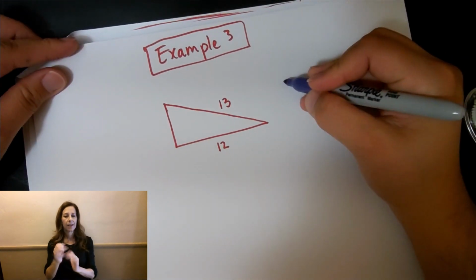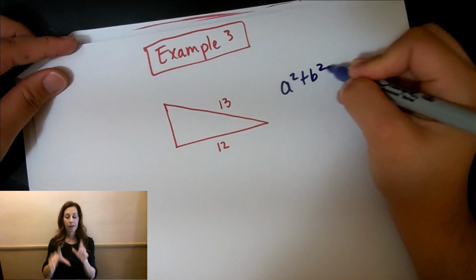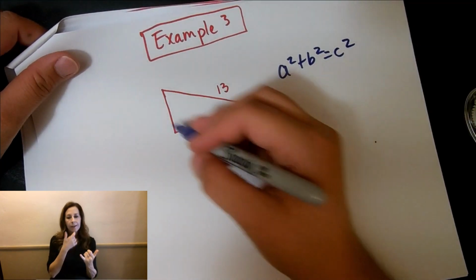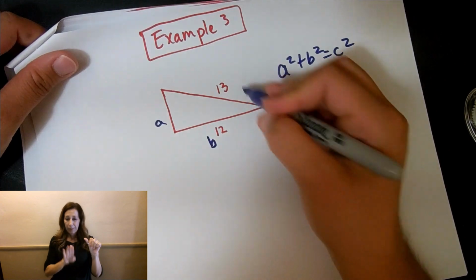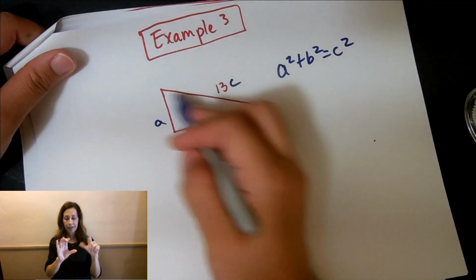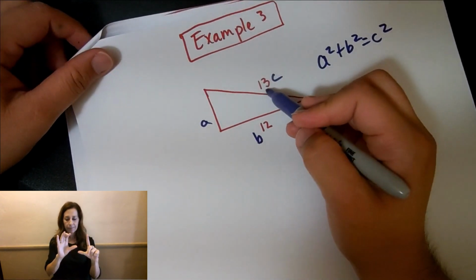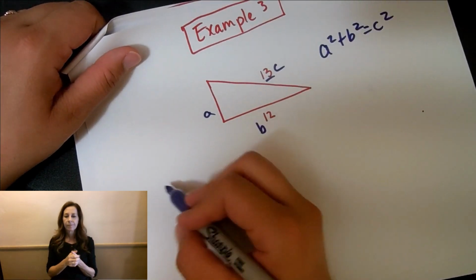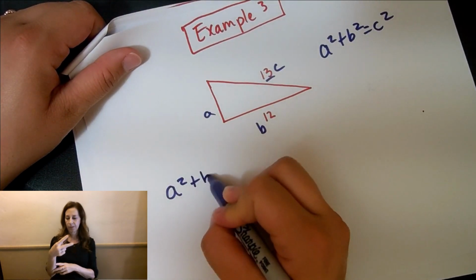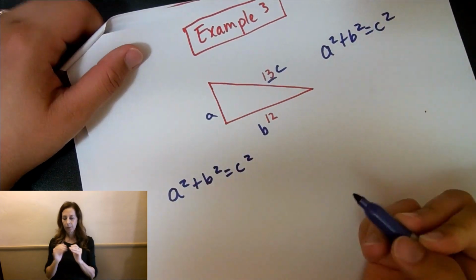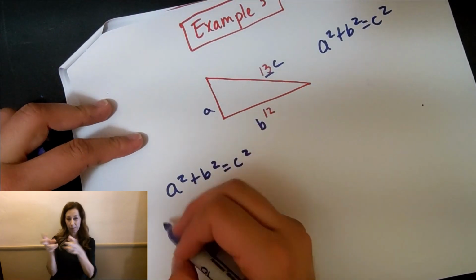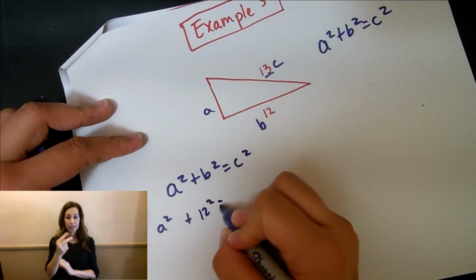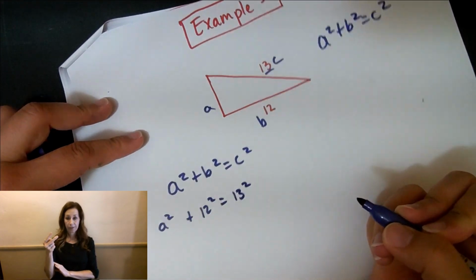Next example. A squared plus B squared equals C squared. Okay, so I'm going to say this is A, this is B, and that's C, because C is always the longest side. Look, they actually gave us the value of C this time. So I'm going to do my work over here. A squared plus B squared equals C squared. Let's plug stuff in. I don't know what A squared is, plus 12 squared equals 13 squared.